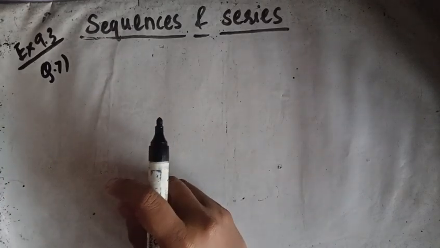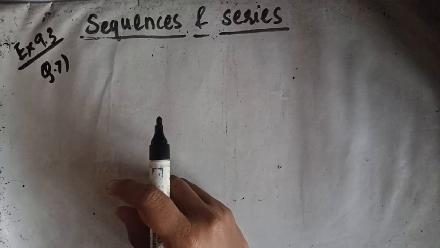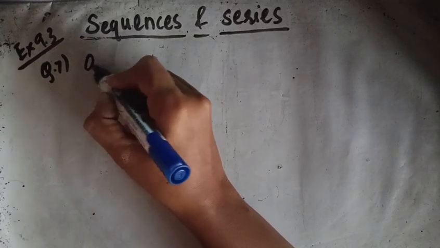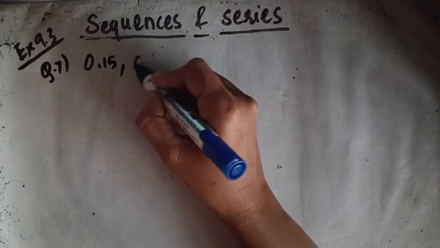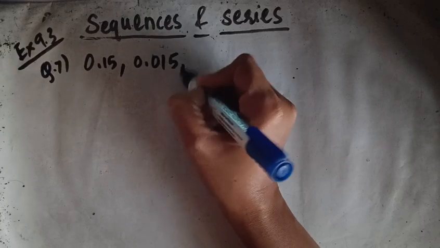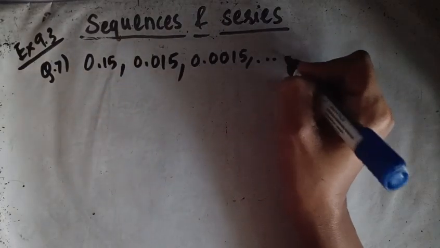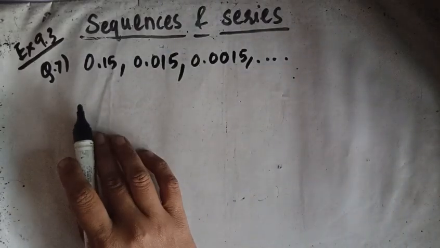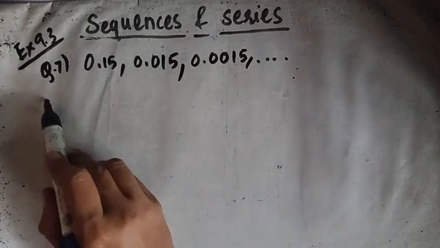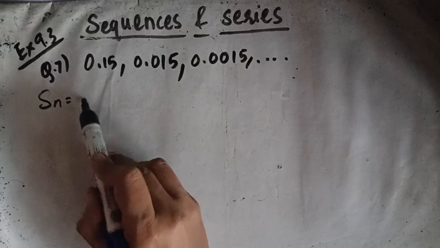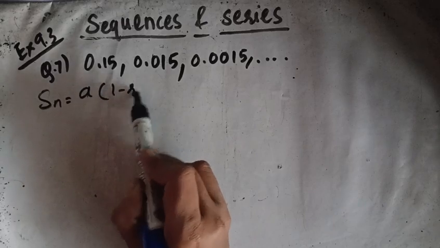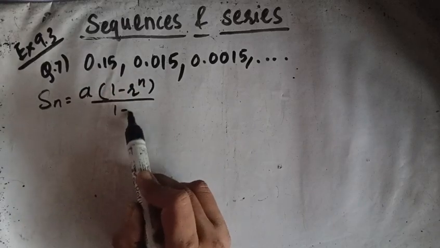Question 7. Find the sum to 20 terms in the geometric progression 0.15, 0.015, 0.0015 and so on. You have to find the sum. Sum is given by Sn equal to A into 1 minus r raised to n upon 1 minus r.